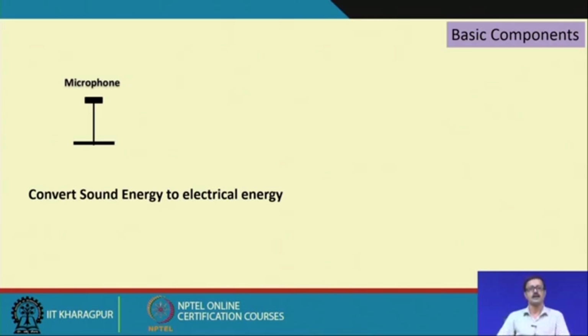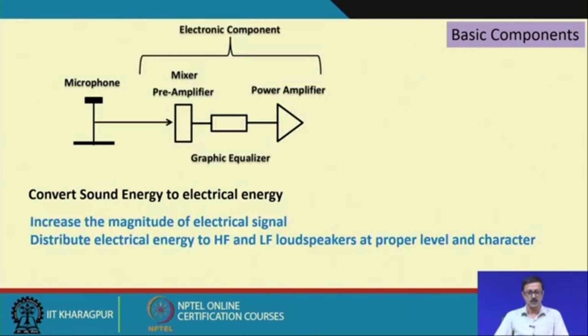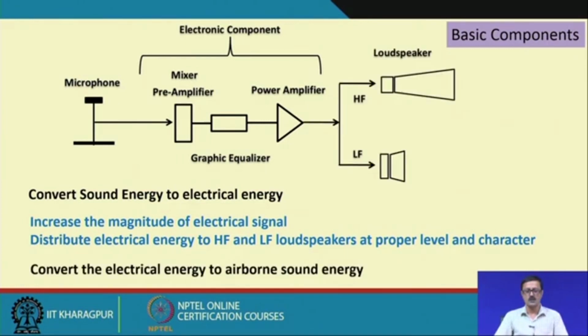So, with that I can again restate the functions of the basic components: the microphone, which converts the sound energy to electrical energy. Then there is a lot of electronic arrangement, where the graphic equalizer, the power amplifier and the preamplifier play a common role, which comes under signal processing, where they separate out the frequencies, HF and LF, the high frequency and the low frequency sound, to the high frequency and the low frequency loudspeaker.